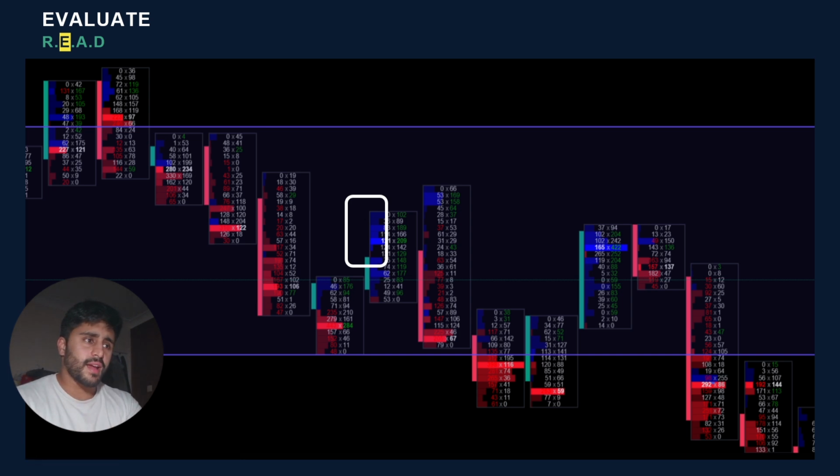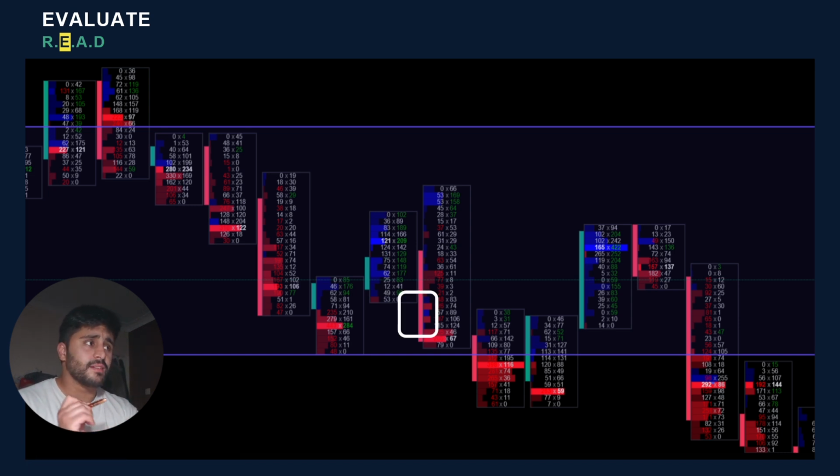Whereas if you look at an example down here, it says 225 for 46. So here the delta is going to be 46 minus 225, which is of course a negative delta, hence why it is in red. Whereas up here, 169 minus 53, that is a positive number. That's why it's in blue. So E is all about evaluating what the bid and ask is telling you.